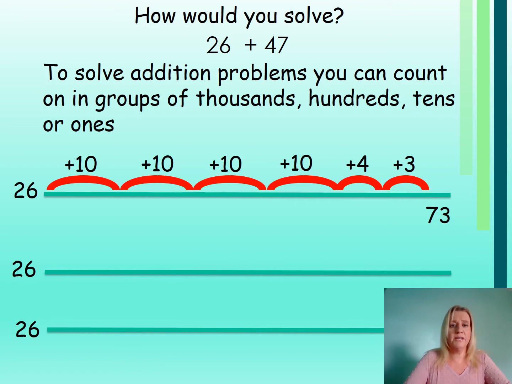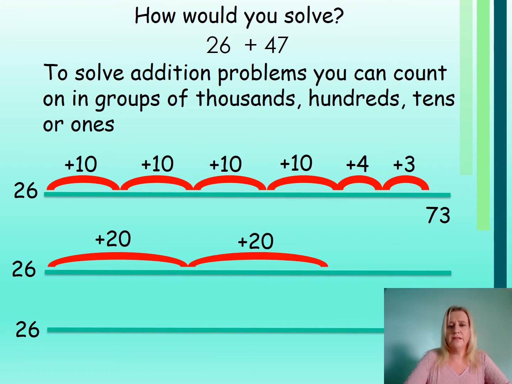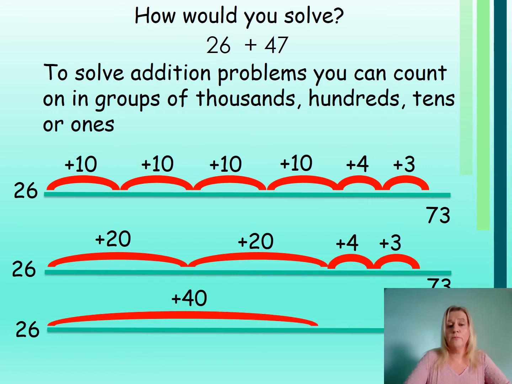Maybe you did 26 with a jump of 20, making it 46, another 20 to get to 66, and then your 4 and 3 giving you a total of 73. Or perhaps you did 26 plus 40 and a jump of 4 and 3 to get you to 73. And maybe you did it a completely different way.